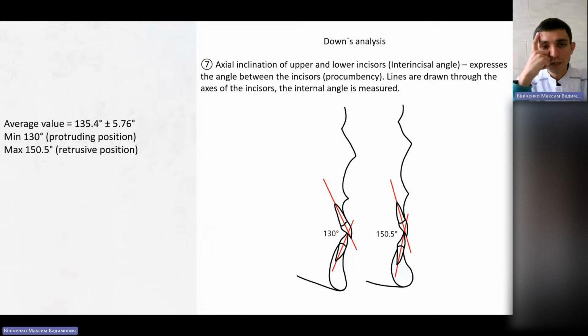If we are going to treat this patient, we need to think about the extraction of the premolars, first premolars or second premolars. Because if the patient has a protruding position of the incisors, then in the profile of this patient we would also see a protrusion of the lips.